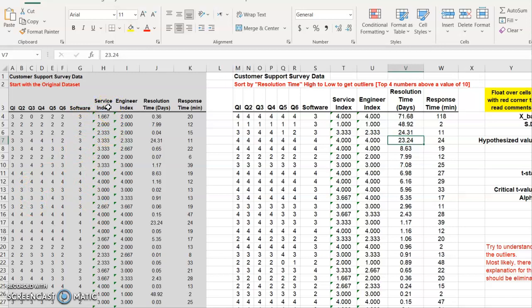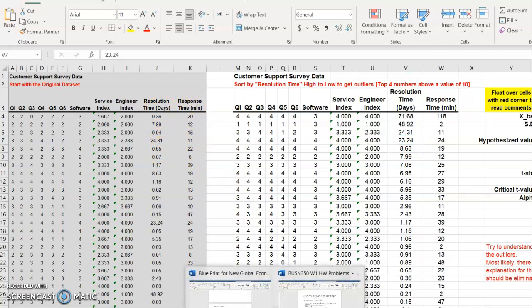They created a service index and engineer index from 0 to 4, but the index is not straightforward because it's an index. We're not going to get into that. It's not a purpose of this homework, but just take it as it is. This is why you see 2.6 or 3.3, etc. Engineer index, and then resolution time in days and response time in minutes.